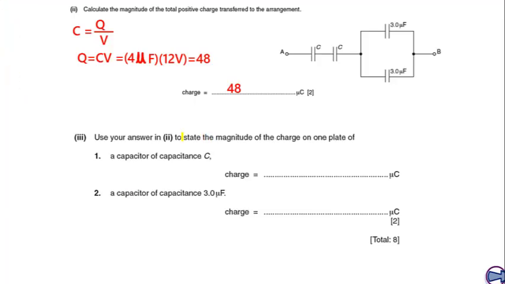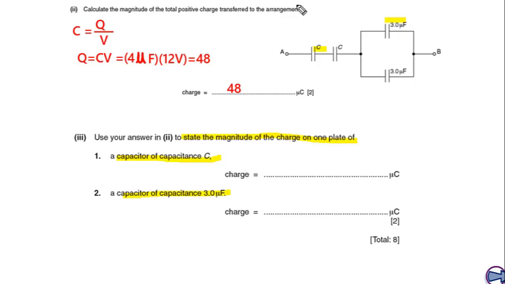For this question, we need to find the magnitude of charge on one plate of a capacitor of capacitance C, and also the amount of charge on a capacitor of capacitance 3 microfarads. As you can see here, this is how the capacitors are connected in this arrangement.